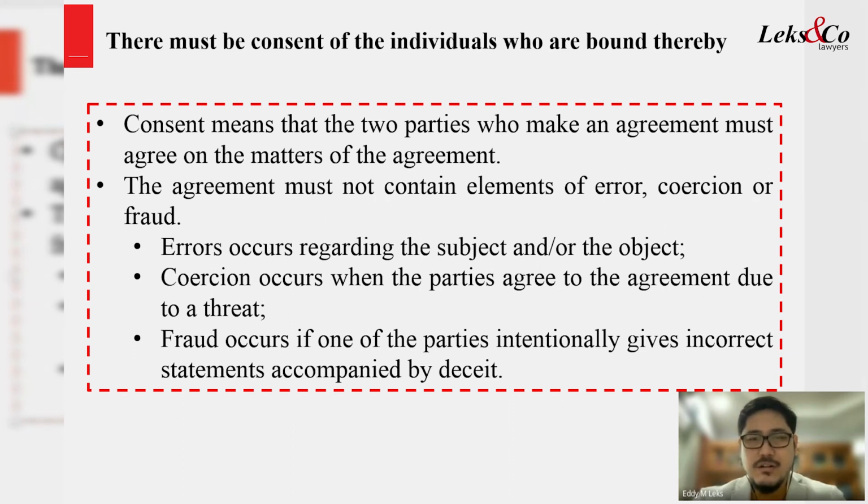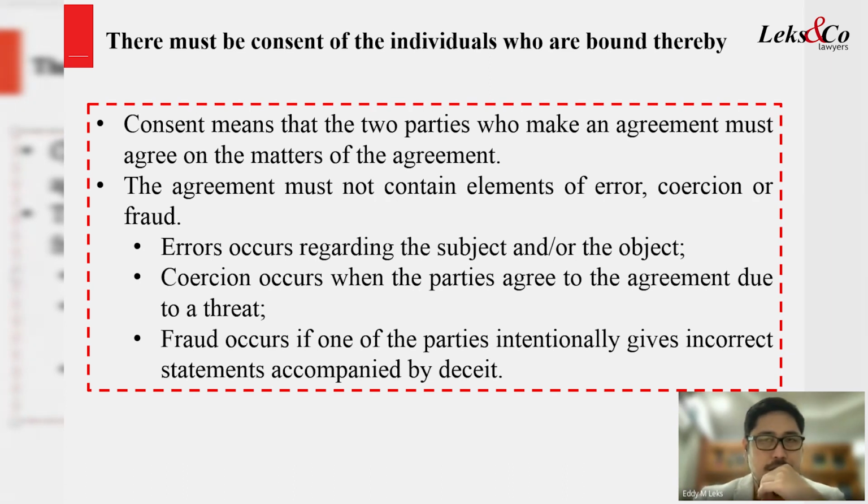The error occurs regarding the subject and or the object. Coercion occurs when the parties agree to the agreement due to a threat. Fraud occurs if one of the parties intentionally gives incorrect statements accompanied by deceit. So these exceptions are all related to the first element only, actually.